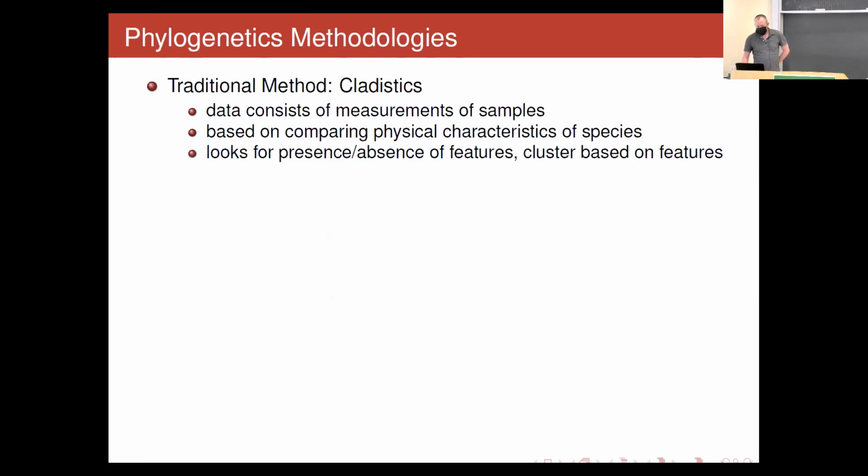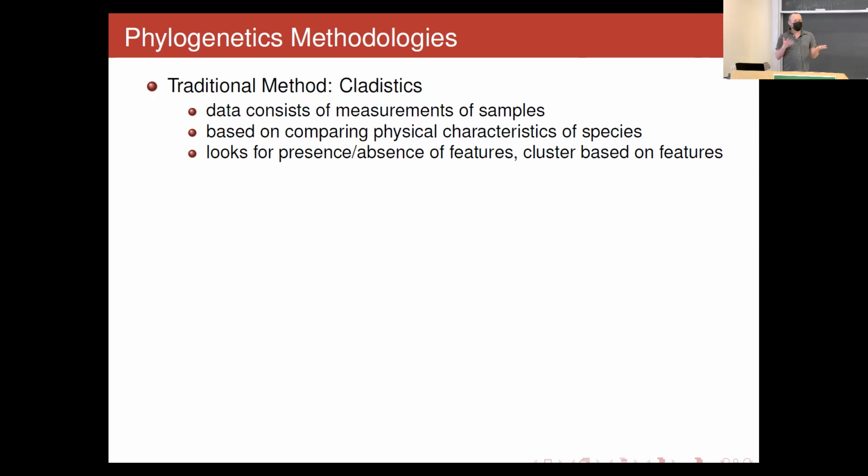Okay. How are phylogenies constructed? The most traditional method, probably the method you're used to thinking about from your high school biology class, is that you compare basic characteristics of the organisms you're looking at. Maybe you make measurements of different features, like how big the jaw is, the shape of the skull, things like that.